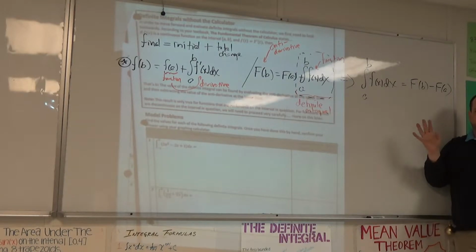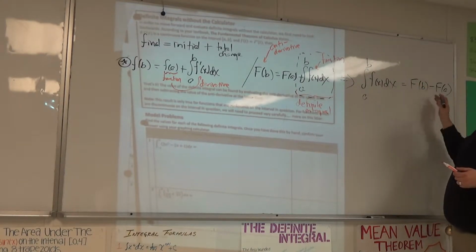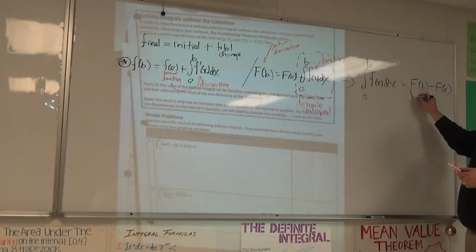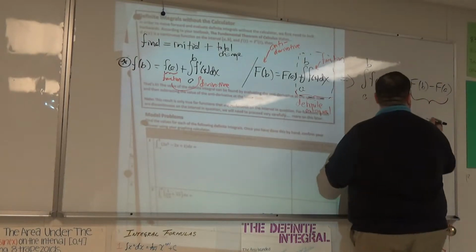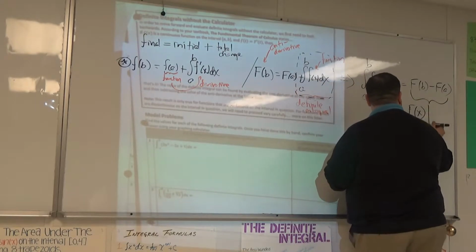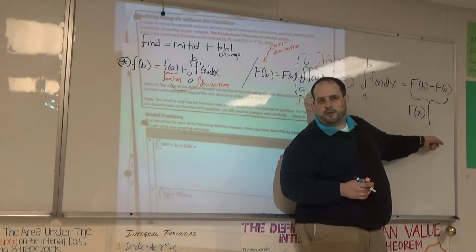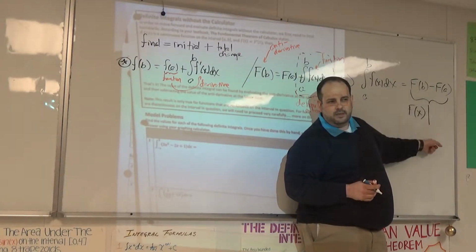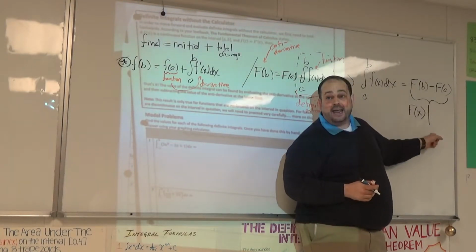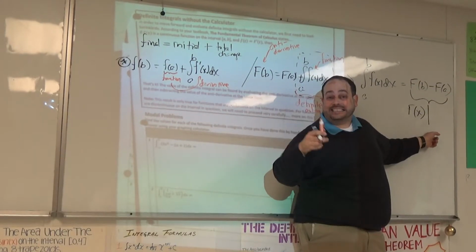It's going to start popping in just a second, so things are good. There's one notation that I want you to know that is like an intermediate step. This big F of b minus big F of a shows up a lot. So my mathematician friends and I like to write it this way: big F of x with this big vertical bar. It means evaluate at.